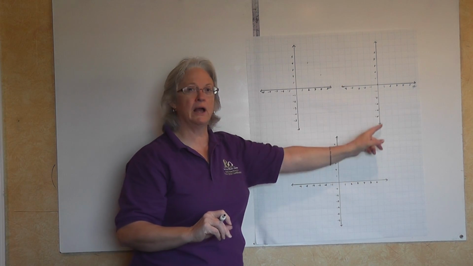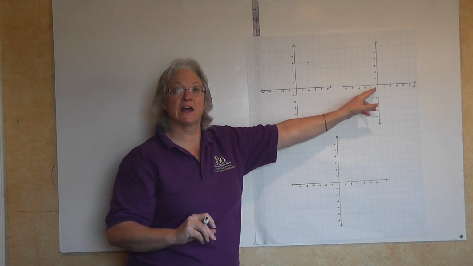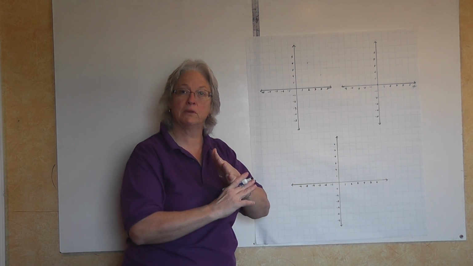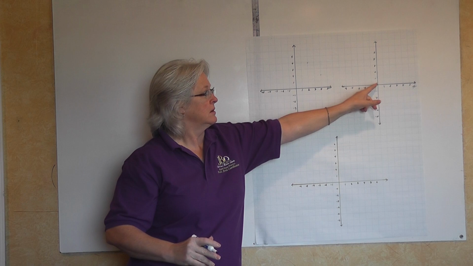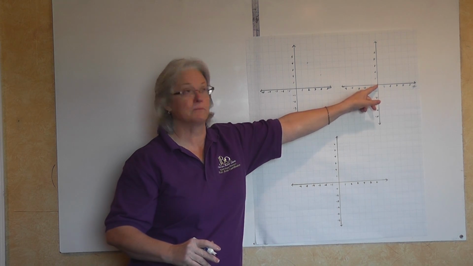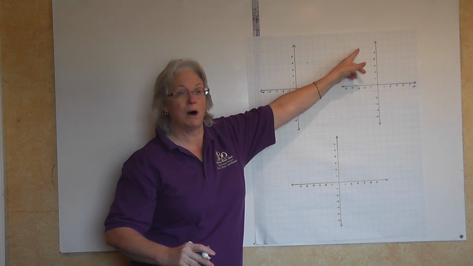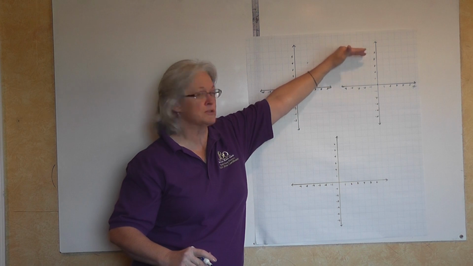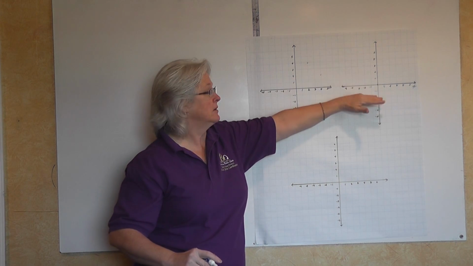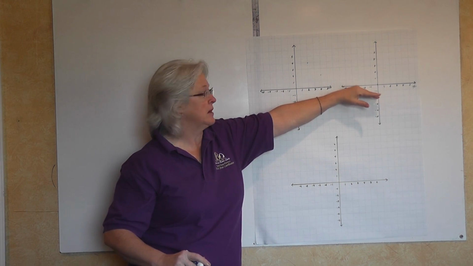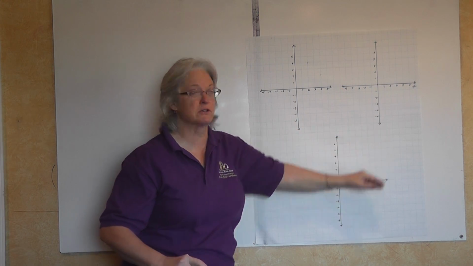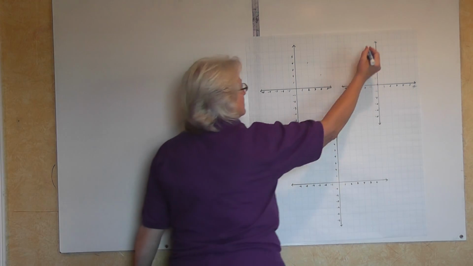This vertical line intersects the x-axis perpendicular. It intersects it at the origin. This is called the y-axis. Numbers above the x-axis are positive, below the x-axis are negative.